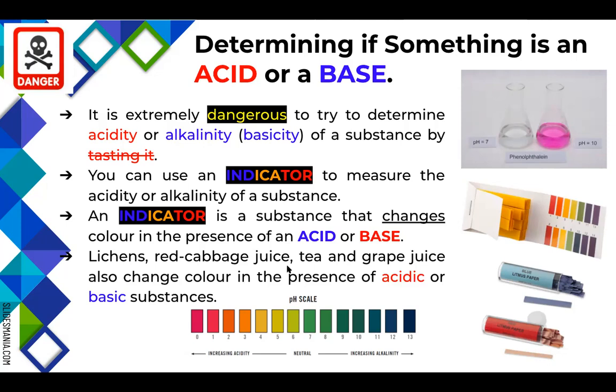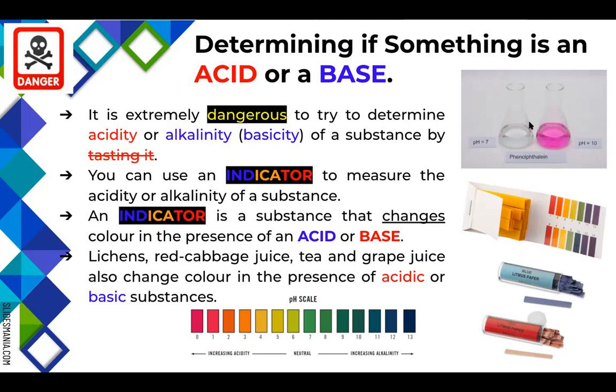Lichens, red cabbage juice, tea, and grape juice also change color in the presence of acidic or basic substances. So these are natural indicators that will change color, depending on if they're in the presence of an acid or a base. So here we're going to look at a video later that discusses this, but we have an indicator that comes in the form of a liquid called phenolphthalein.